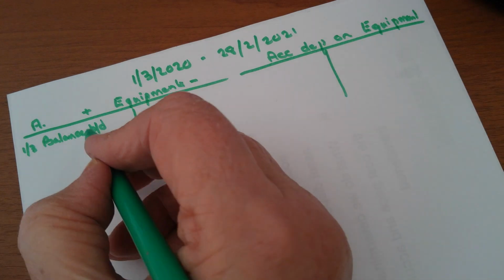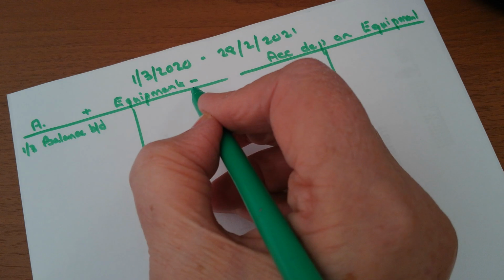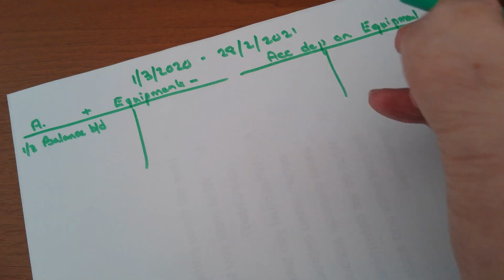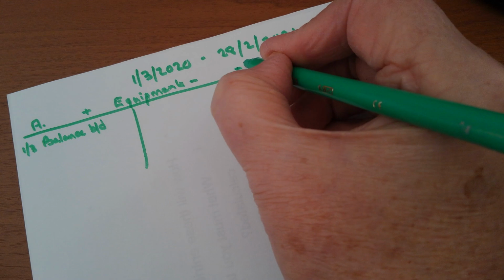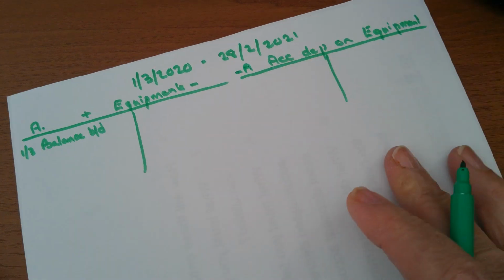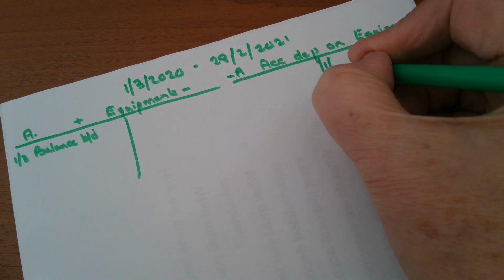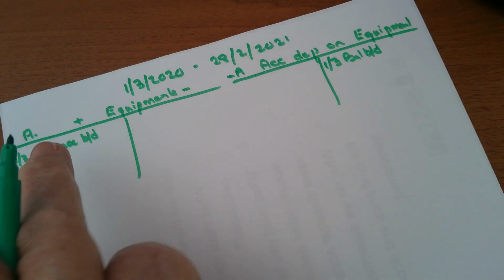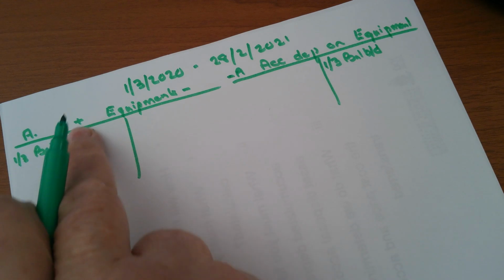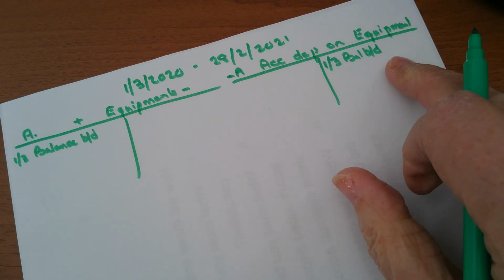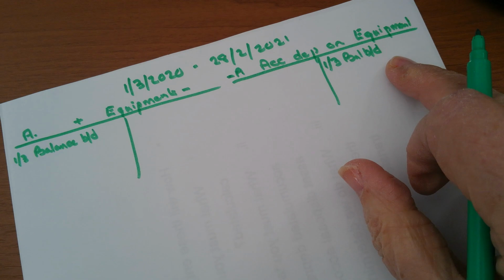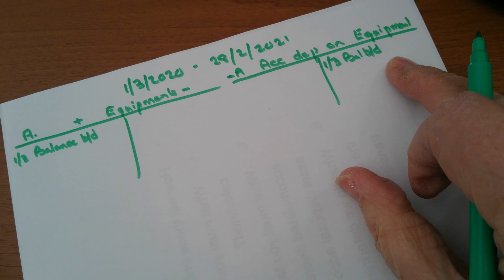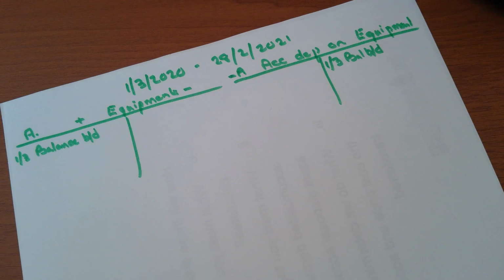So normally I would credit my equipment when I want to reduce it. Therefore, this accumulated depreciation is my negative asset, and I will have a balance on the credit side, because I want to say what is the balance on the debit side of equipment less the balance on the credit side of accumulated depreciation to work out the carrying amount. And the carrying amount is what it is worth. Okay, so that was at the beginning of the year.